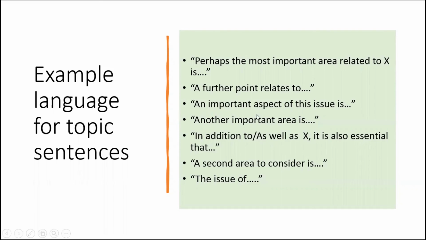Notice we've got perhaps the most important area, a further point, an important aspect, another important area. That first one, perhaps the most important area, you might start with that in your main body, or you might leave that until the end of your main body, which might make it a stronger focus for you. So see what you think works better.